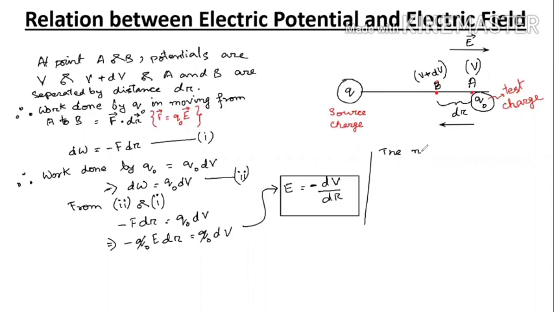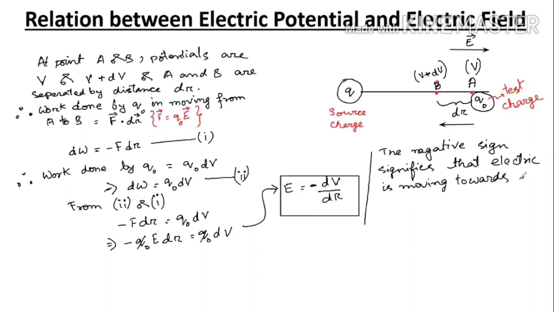The negative sign signifies that electric field is moving towards a decreasing electric potential region.